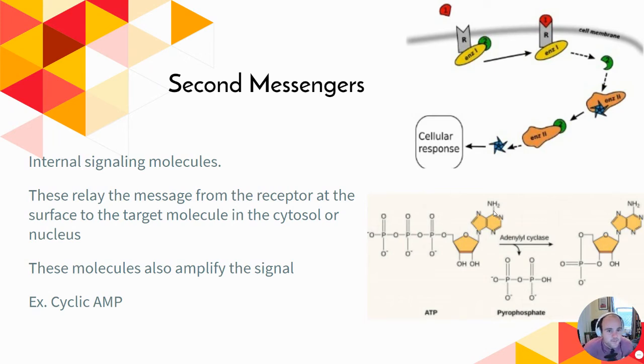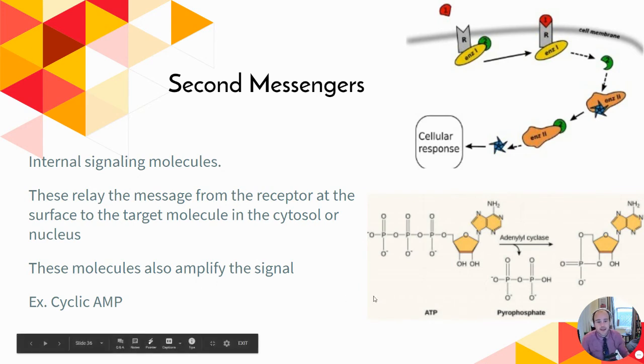And that transduction system relies on something called second messengers. And these are internal signaling molecules. They could be chemicals, they could be enzymes and proteins. And what they do is they relay the message from that receptor to the nucleus or wherever our response is going to be.